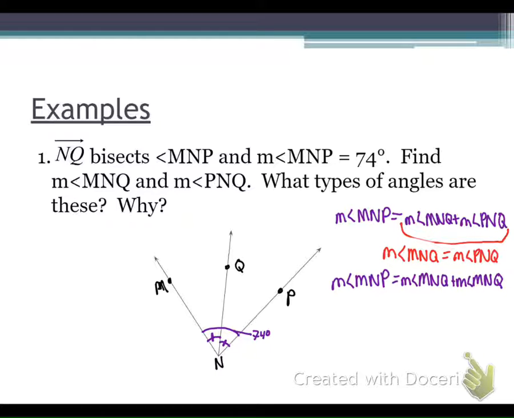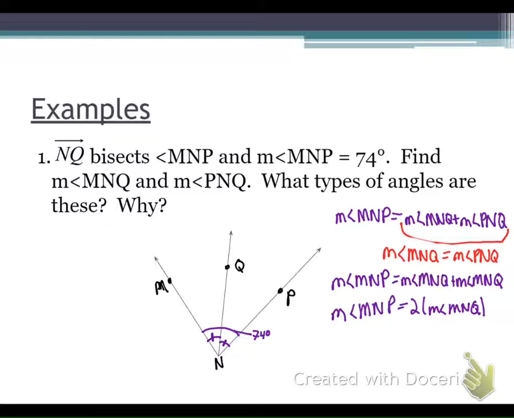Okay. Are you guys okay with that step so far? We just did direct substitution in. At this point, how many of the measures of angle MNQ do we have? We have 2. So we can rewrite that whole last one as the measure of angle MNP equals 2 times the measure of angle MNQ.